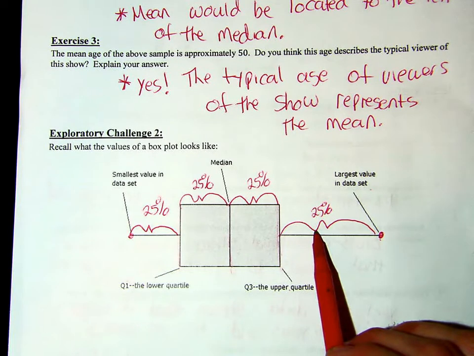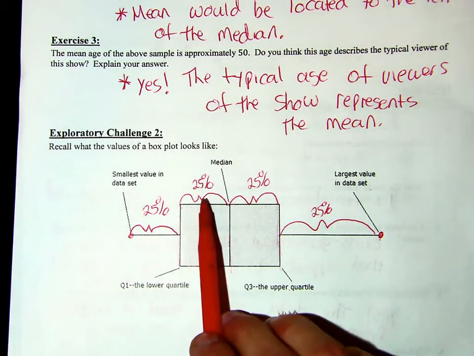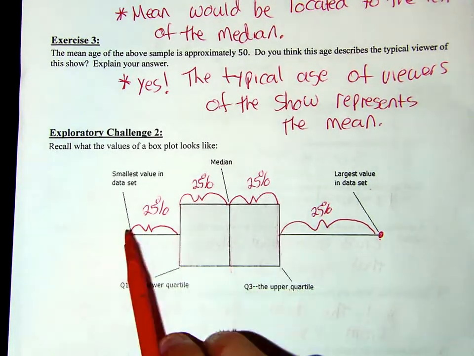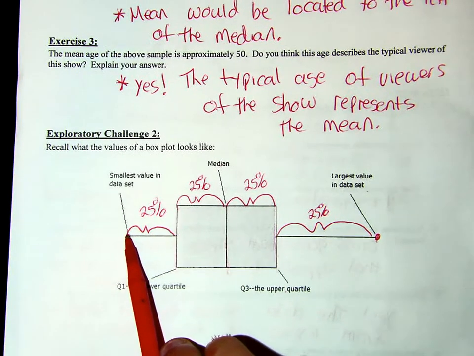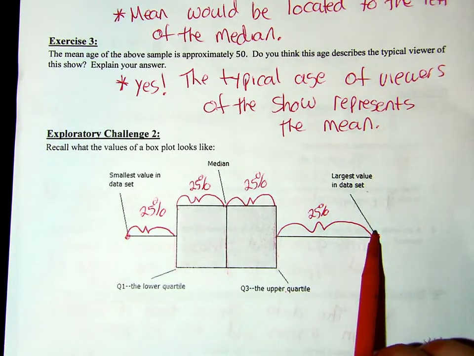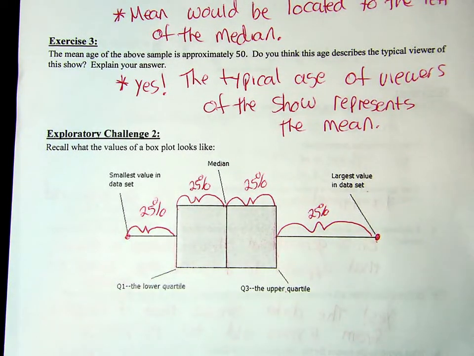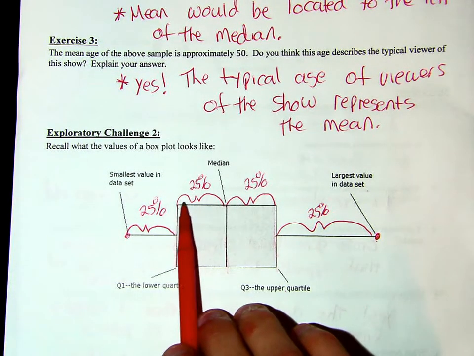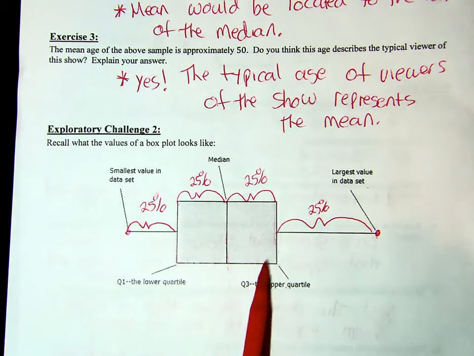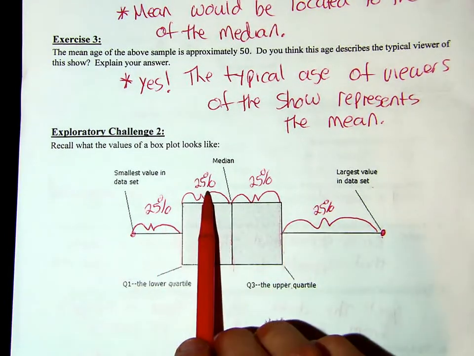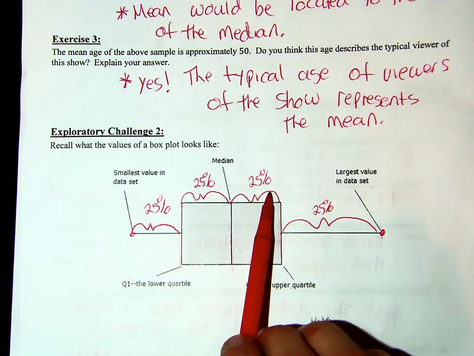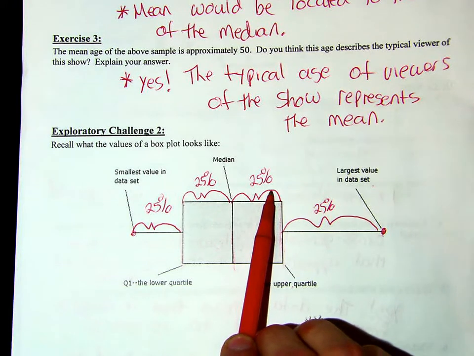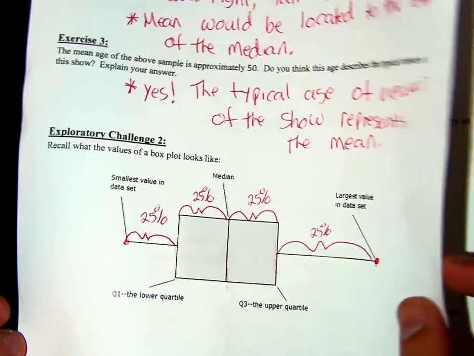So 25, 50, 75, 100. Throughout the whole box plot, from smallest to largest value, is 100% of our data. The box represents 50% of the data, because 25% plus 25%.